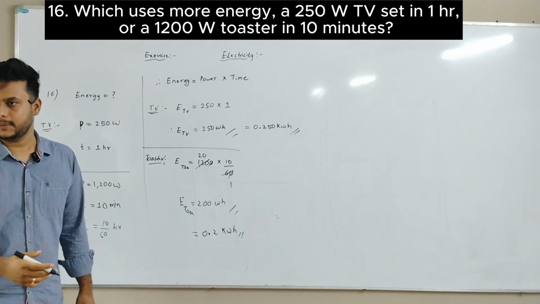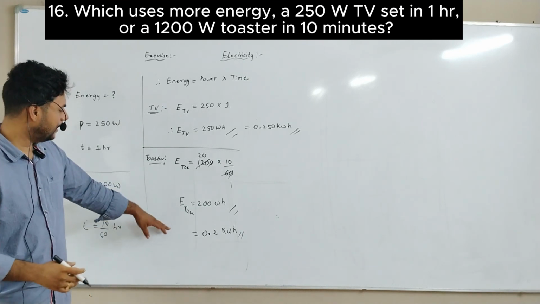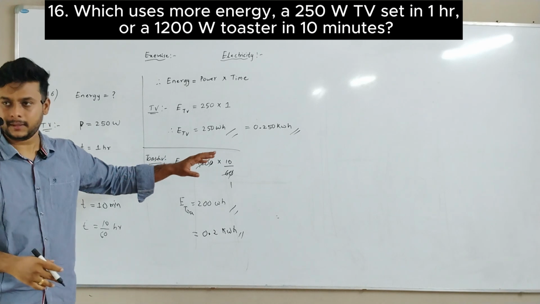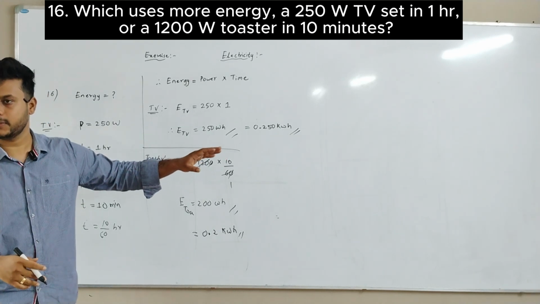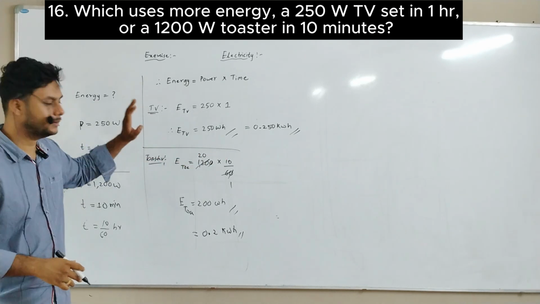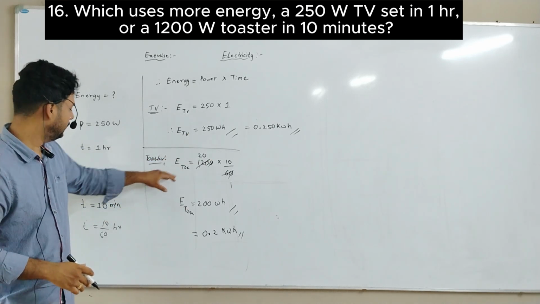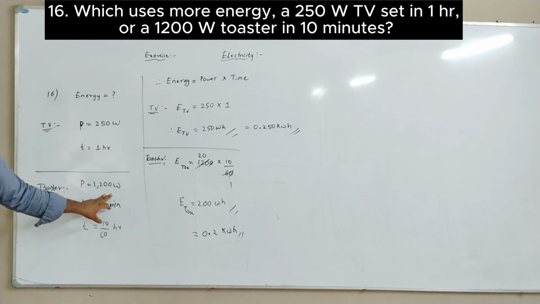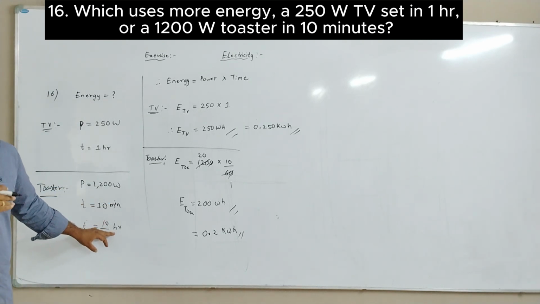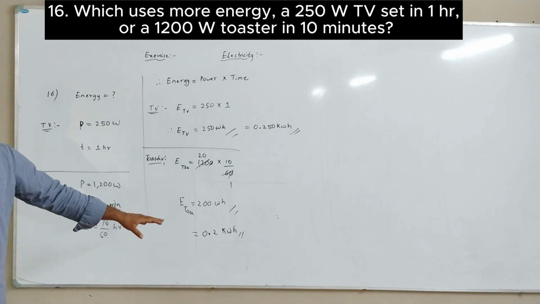Okay, that is the SI unit. Now, which is using more energy? TV is using more energy. It's using 0.250, and the electrical toaster, though it is using 1200 watts, is used for just 10 minutes, so it's consuming less energy.